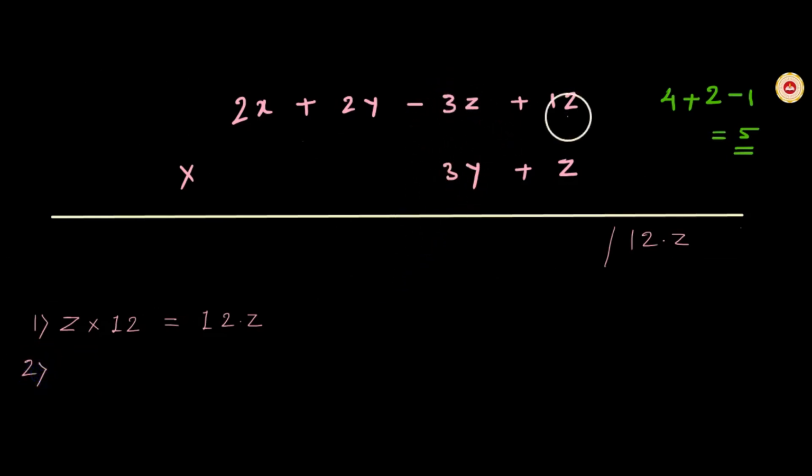Join the second column to the first column. Now there are 2 columns. Multiplying the terms in these 2 columns crosswise.